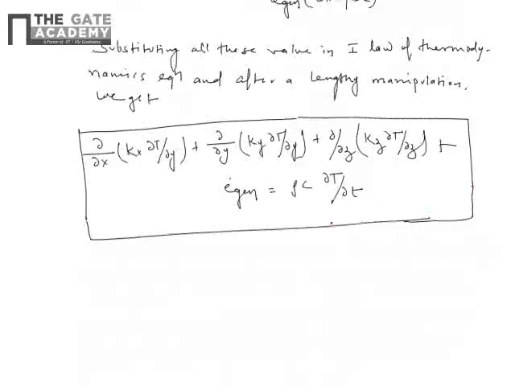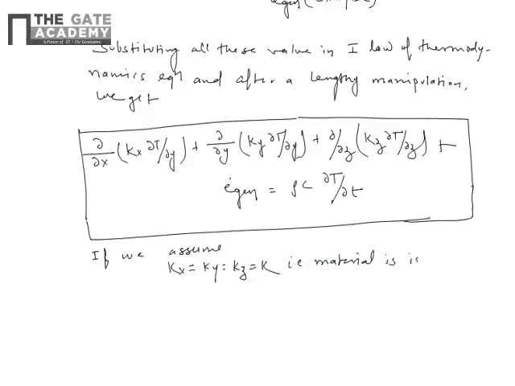If we assume kx is equal to ky is equal to kz is equal to k, that is, material is isotropic. Isotropic means no property variation with direction.